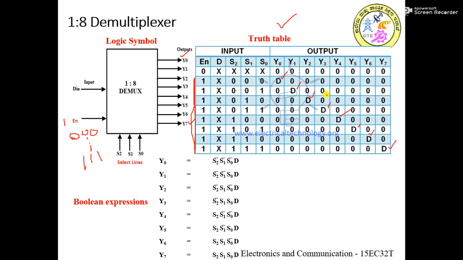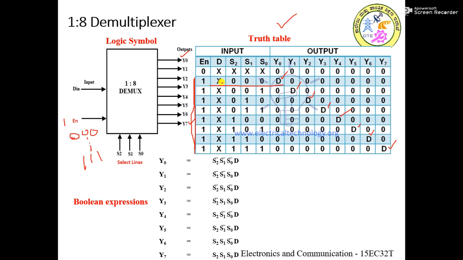And now we are supposed to write the Boolean expressions for all these 8 outputs. In order to write the Boolean expression for any output line, we should look for the combinations for which the output is not 0. Only this is the combination for which Y0 is not 0.